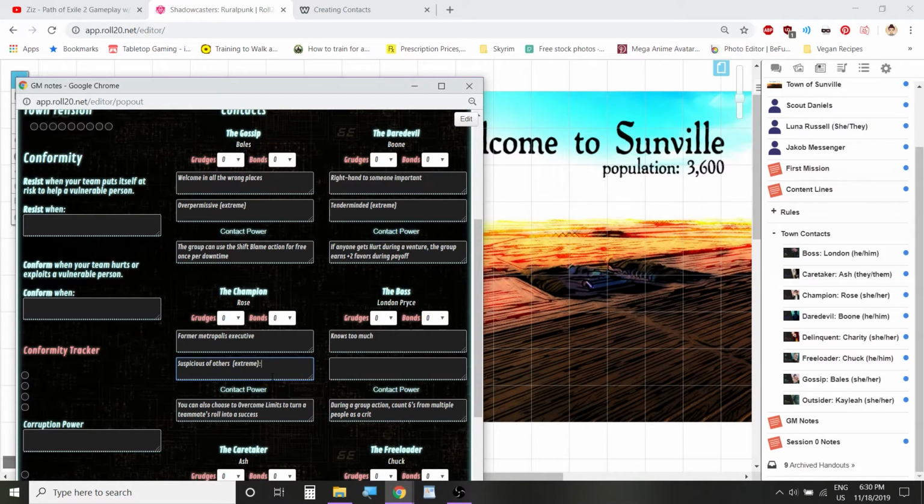And then I think the trait is going to be, I'll rework the writing later, but can get her hands on anything, or always knows a way, like always knows a smuggling route, always has an escape. Ooh, that goes with suspicious of others. Always has an escape route.